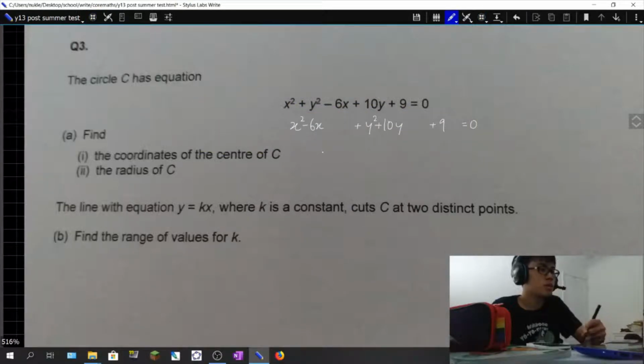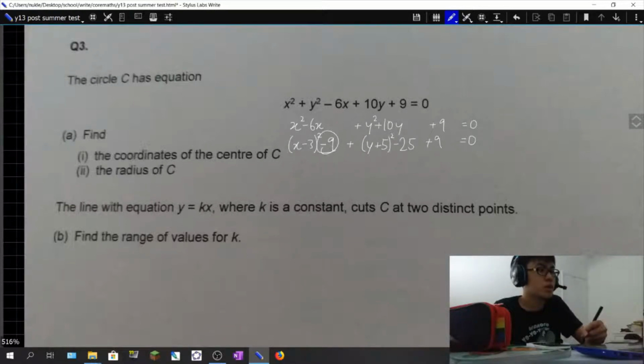Okay, I'm just going to move that over a little bit. There we have it. And then when you complete the square for this, you take this guy over 2, which is x minus 3 squared, and you take away 3 squared, which is 9. And then complete the square for this guy, you take this over 2, which is 5, so y plus 5 squared, and then you take away 5 squared, which is 25, and then plus 9 is equal to 0.